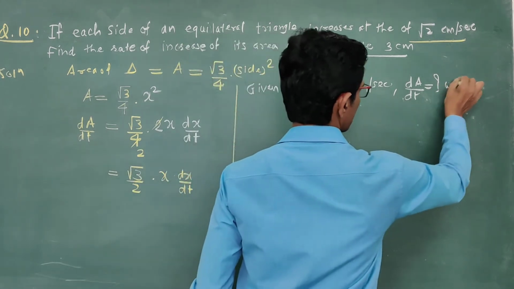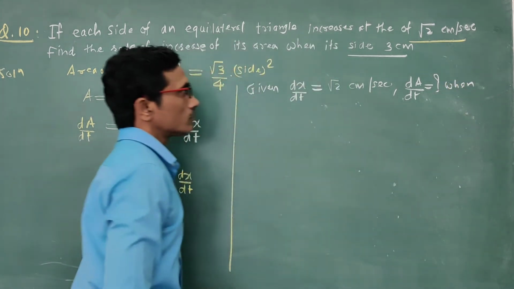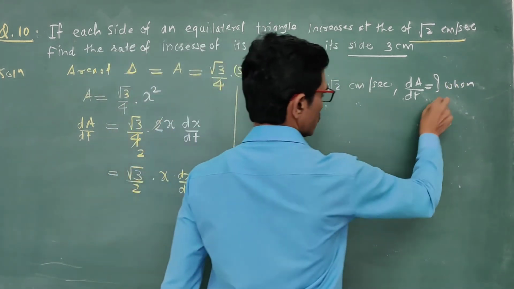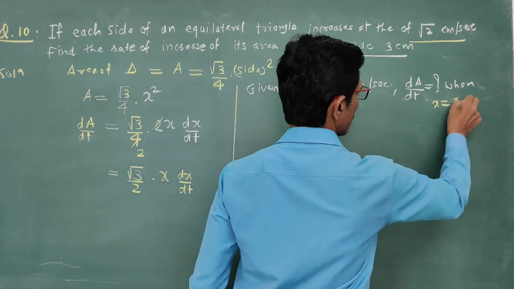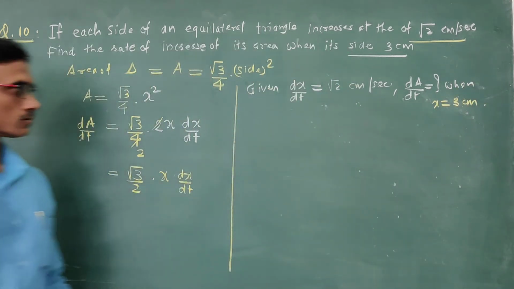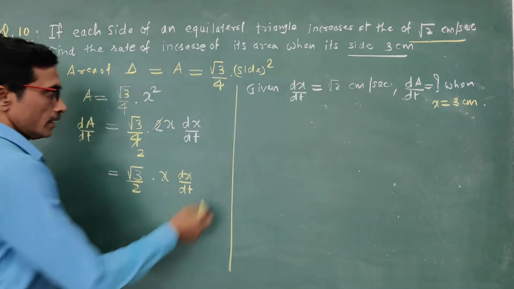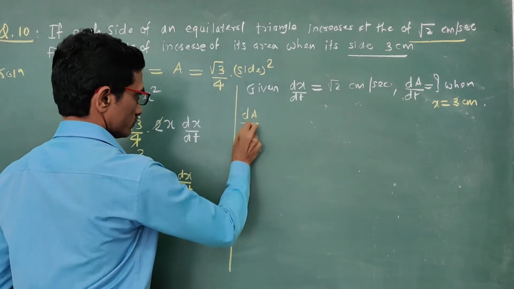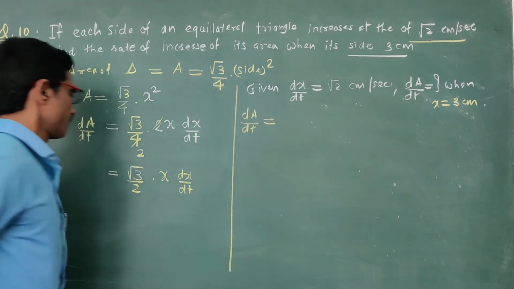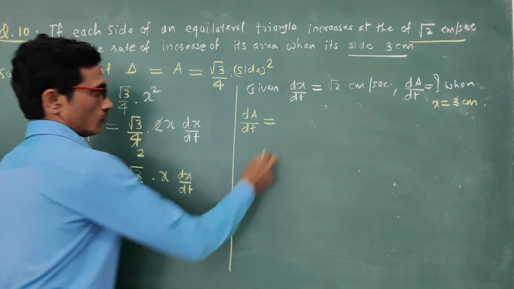when x is equal to 3 centimeter. So therefore dA by dt is equal to √3/2 times x times dx by dt.